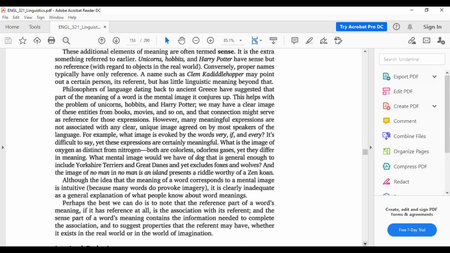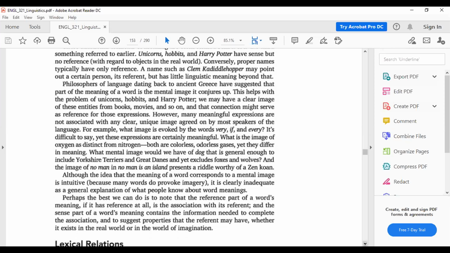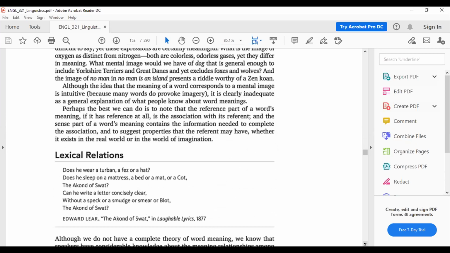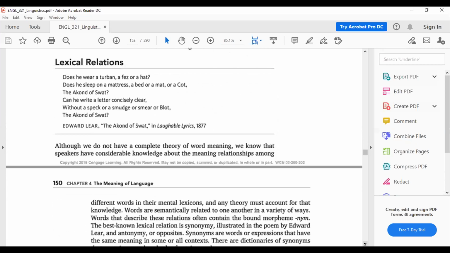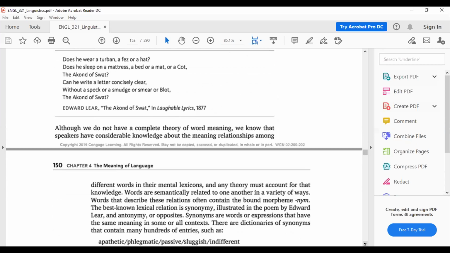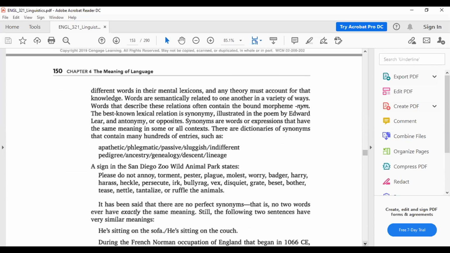Okay. Now, I want to save the time and give the chance to your colleague Tabarak to present lexical relations, relations between words.